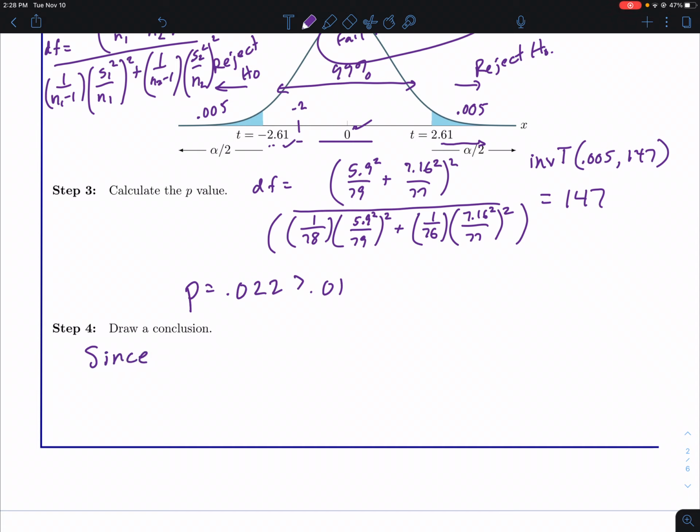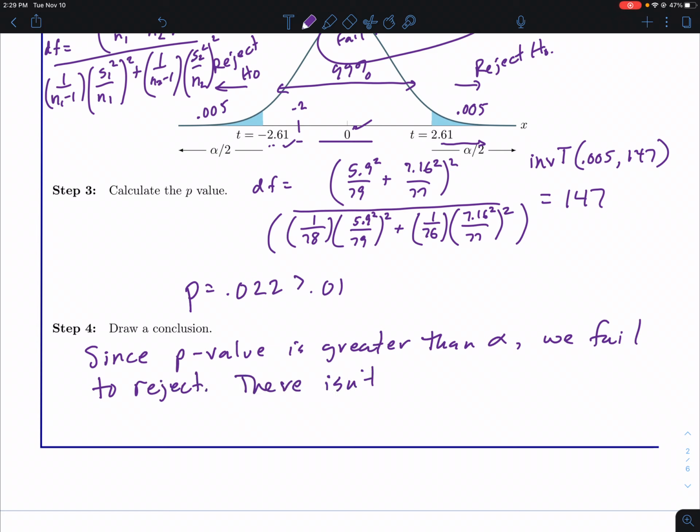Since our p-value is greater than alpha, we fail to reject.